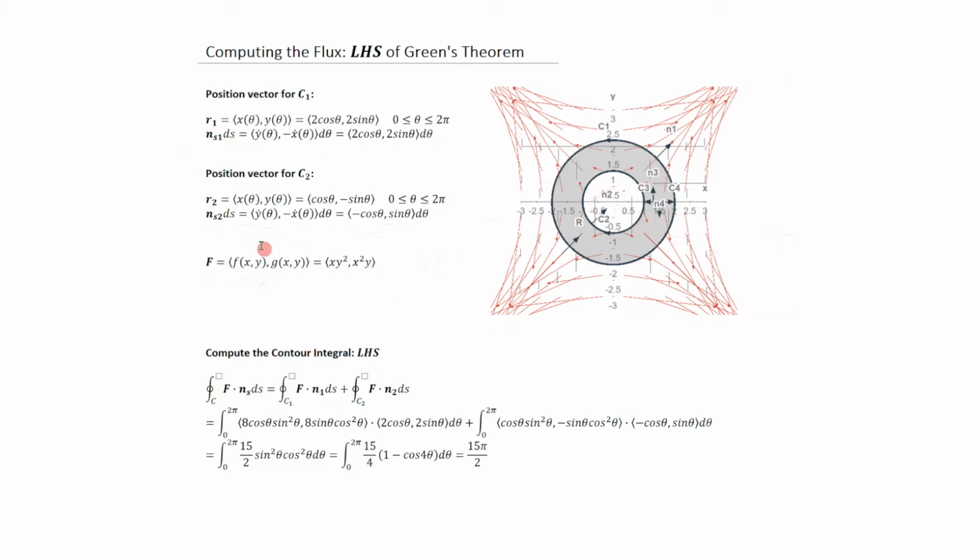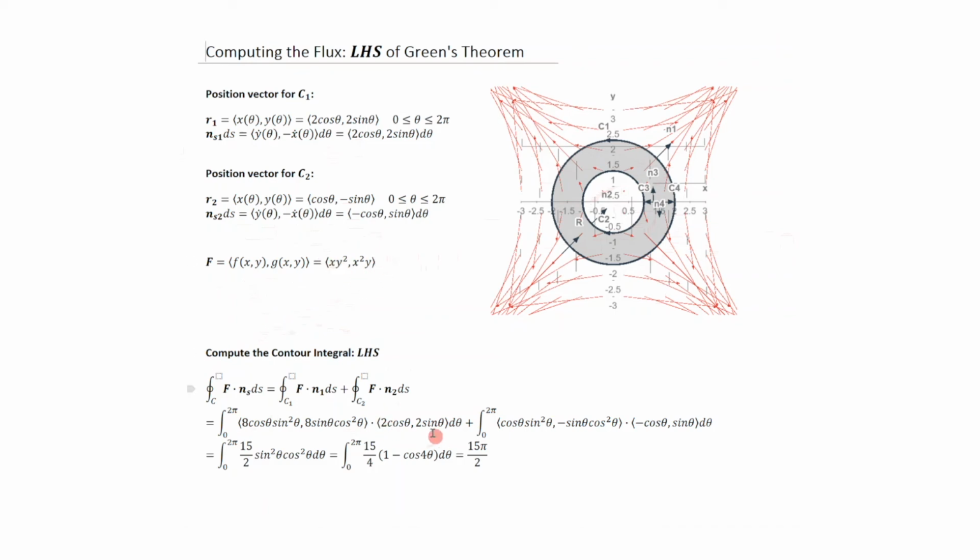Next step is to substitute the values for x and y for the two contours, so that this becomes parameterized in terms of theta. The final integral would be just the sum of this flux and this flux. So f dot n_1 ds is the flux you would get after substituting 2 cos theta and 2 sine theta for x and y into the vector expression you see here.